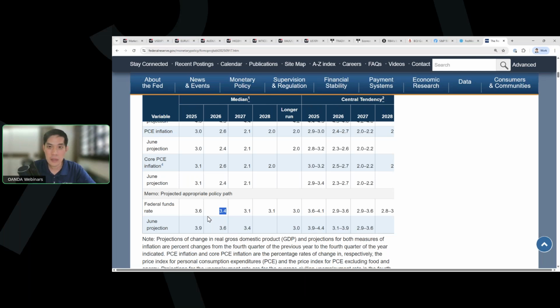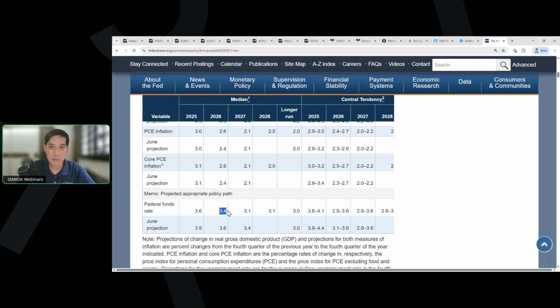All right, so that could have an influence on how the US Federal Reserve officials do their so-called median projection over here. So it's very interesting to see how this rate will change, especially for 2026, that is being slightly lowered from the June projection of 3.6% to 3.4%.